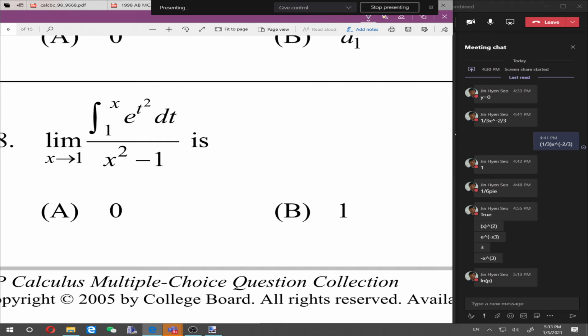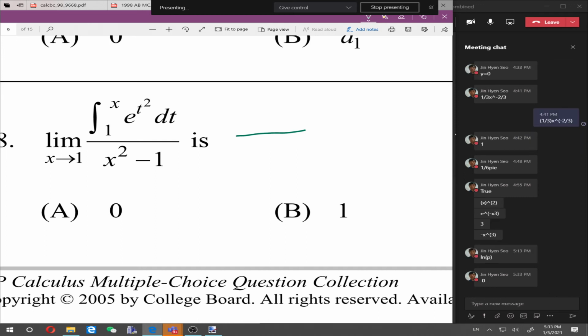If I plug in x equals 1 for the top, Jin, what's going to happen if I integrate any function from 1 to 1? Zero. On bottom, when I plug in 1, I've also got 0. So if this limit right now is 0 over 0, Jane, one more time, what do I need to do?